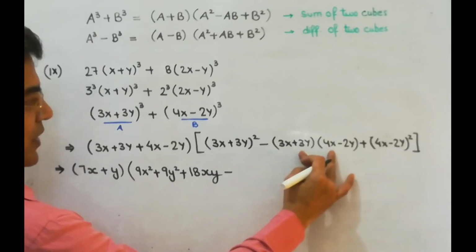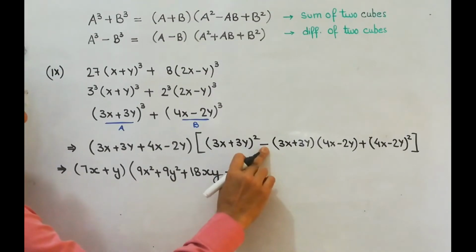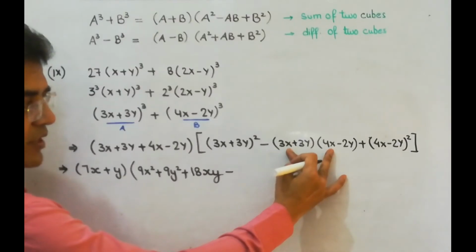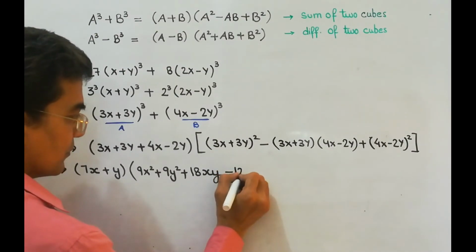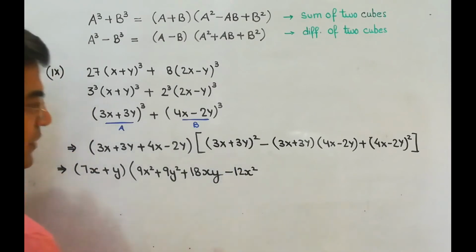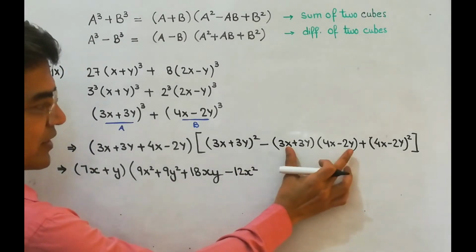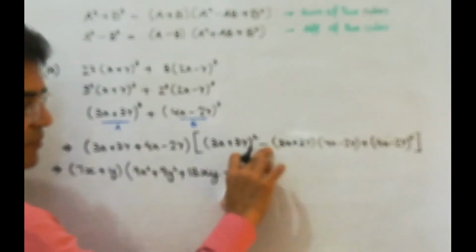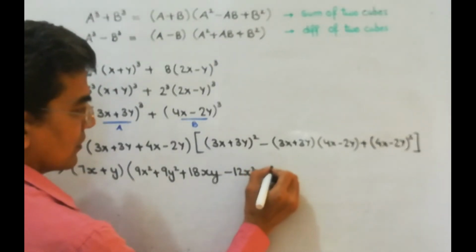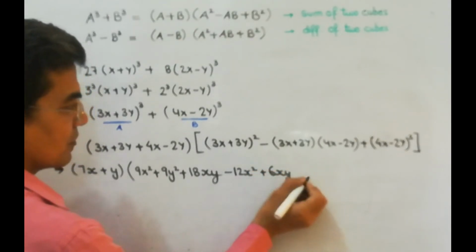Now these two will be multiplied and the bracket opened with minus. So 3x into 4x will give you 12x square, and then opening with minus, 12. 3x into 2y will give you 6xy, with minus sign, so plus 6xy.